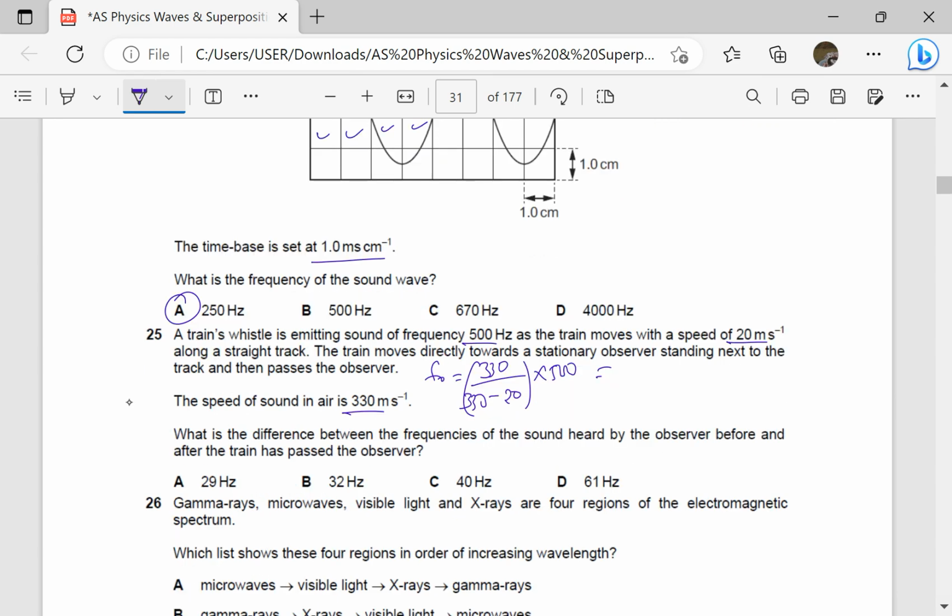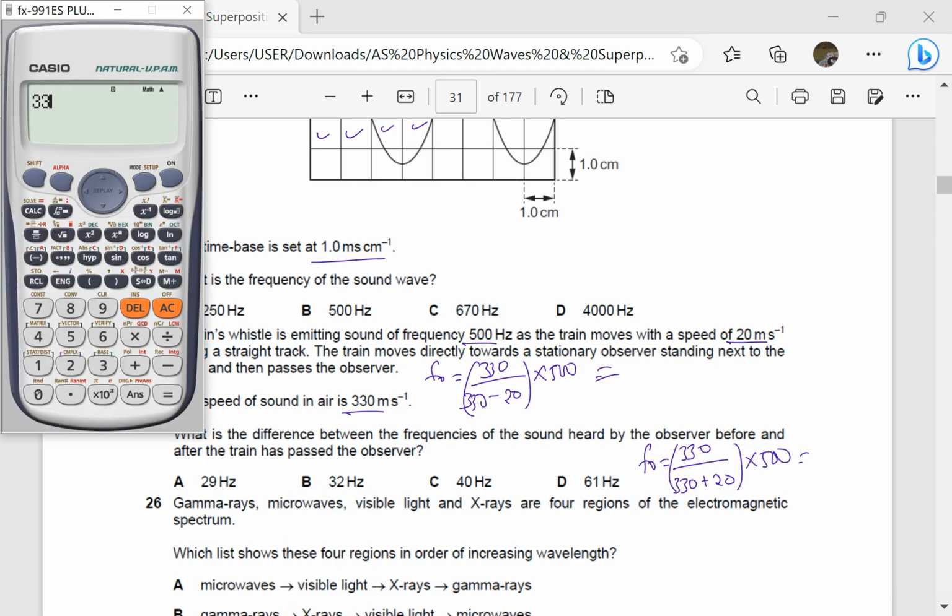Then away, when it's moving away, the observed frequency is going to be 330 divided by 330 plus 20, then times 500. So we can compute those. 330 times 500 divided by 310 is 532.3.